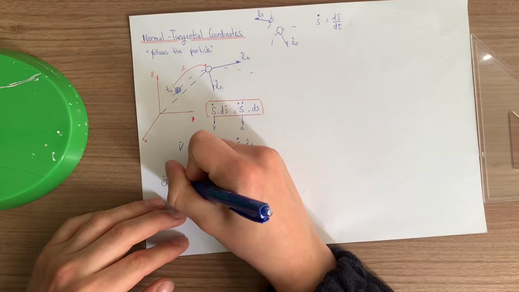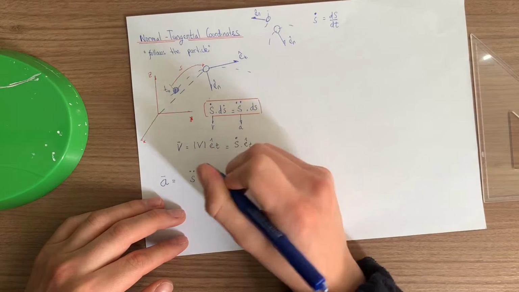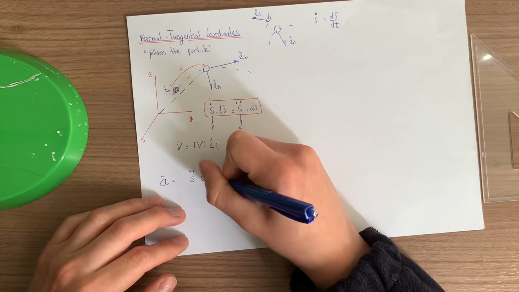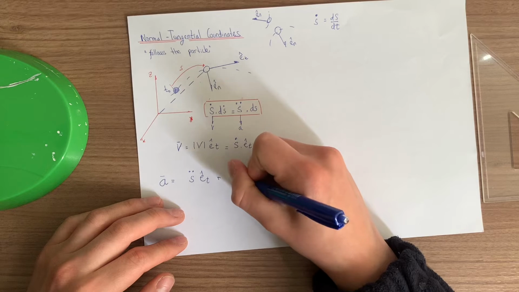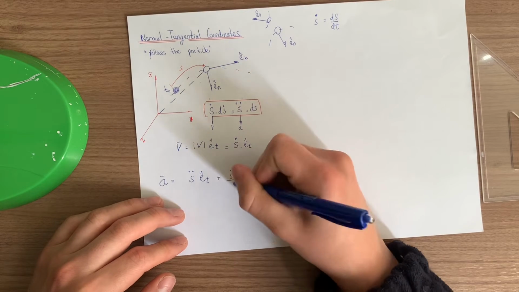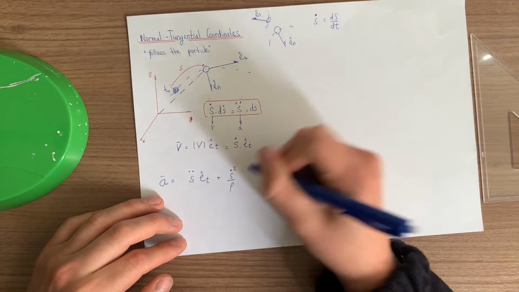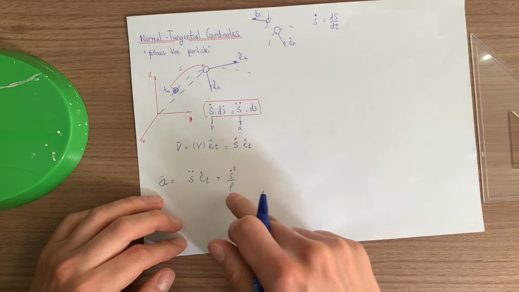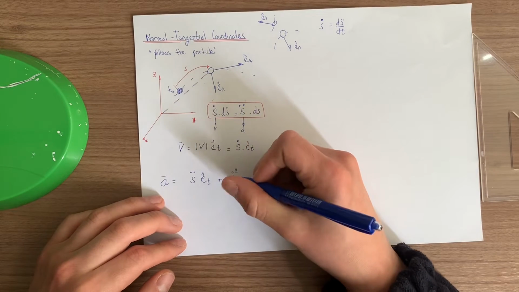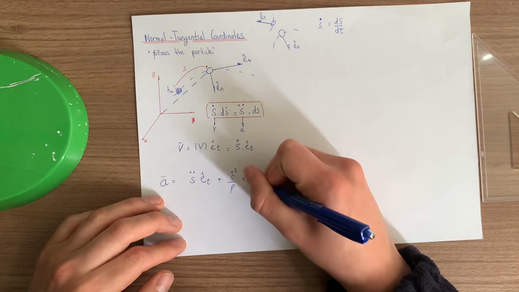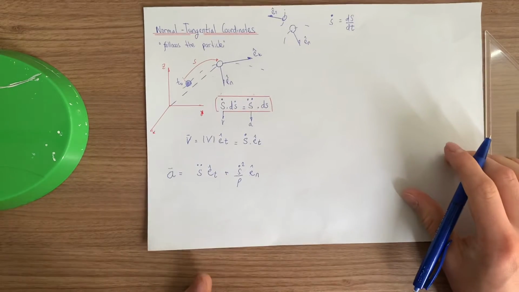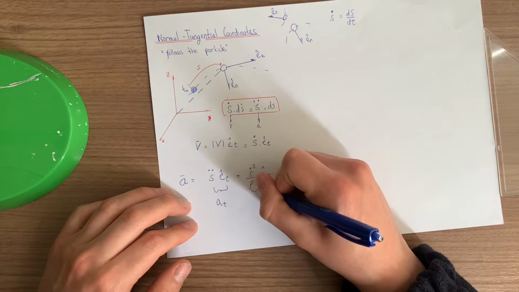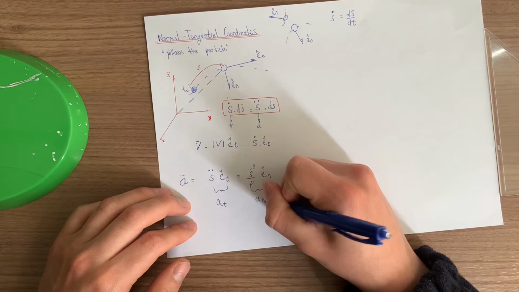Acceleration in its complete way equals S 2 points times the tangential vector plus S point squared divided by the radius of that exact moment, the radius of the curve, times the normal vector. So this is the tangential acceleration, and this is the normal acceleration.